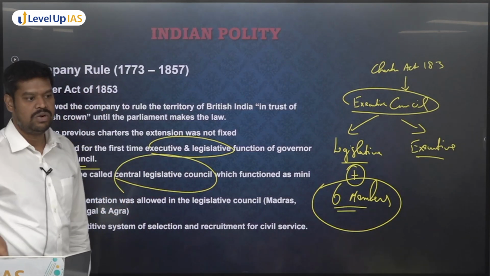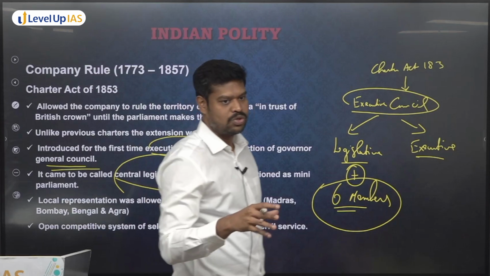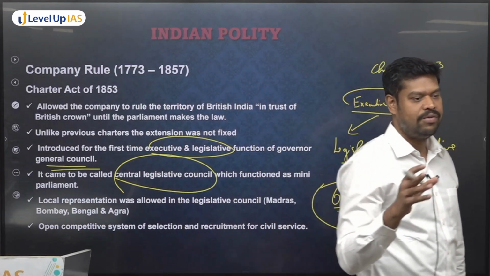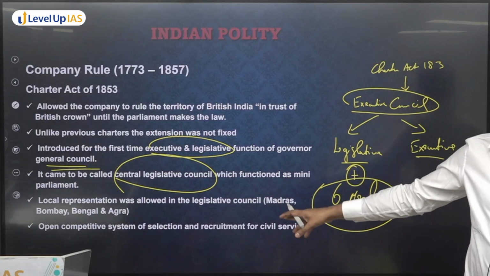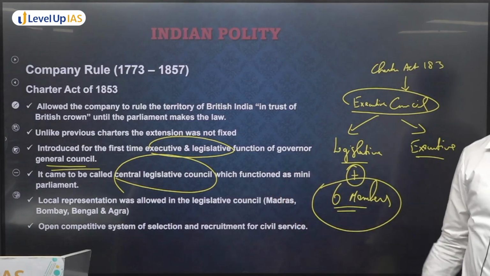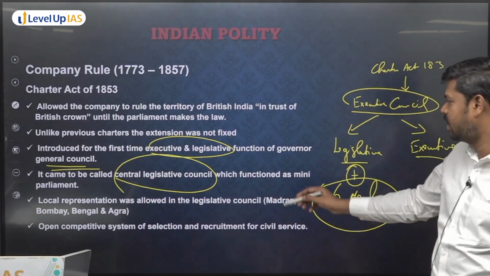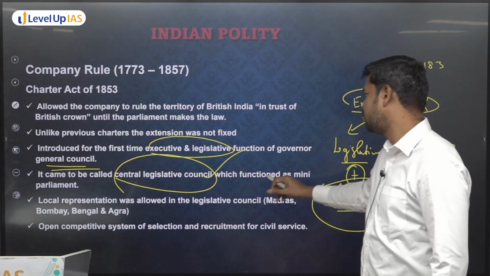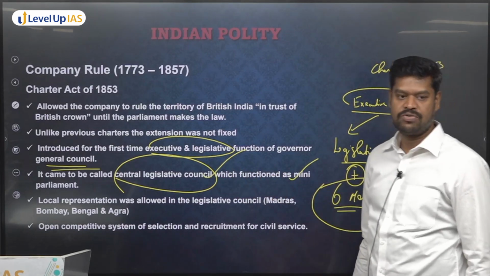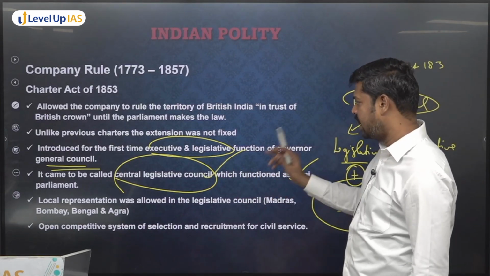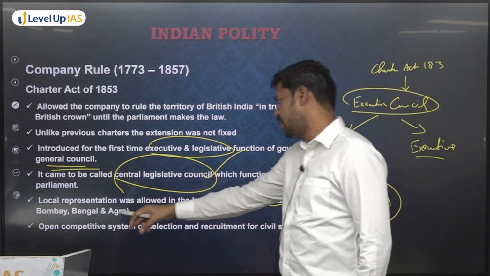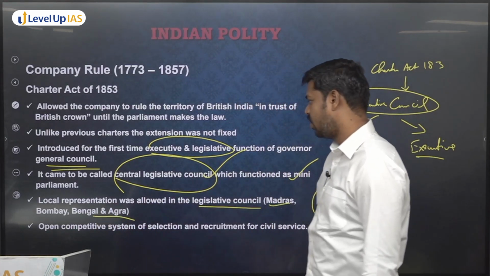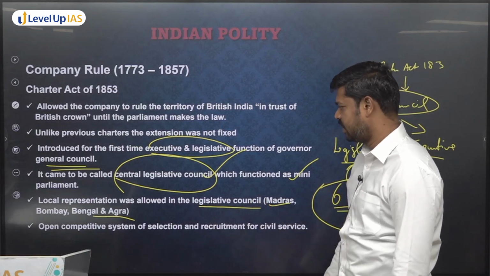The Central Legislative Council is not a separate body. It only had the Governor General in Council plus an additional 6 members. But that was called the Central Legislative Council, which also functioned as a mini parliament to make laws for the entire country. That had representation from various provinces as well, like Madras, Bombay, Bengal, Agra. So they all had representation there.